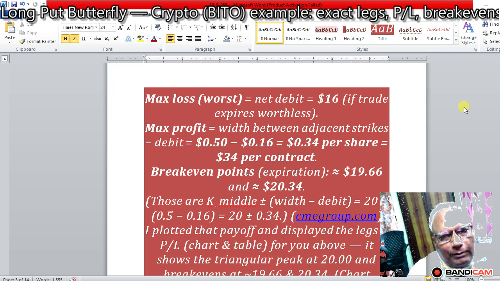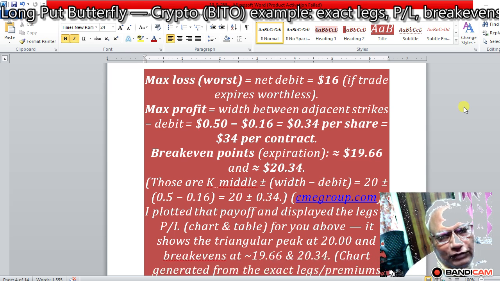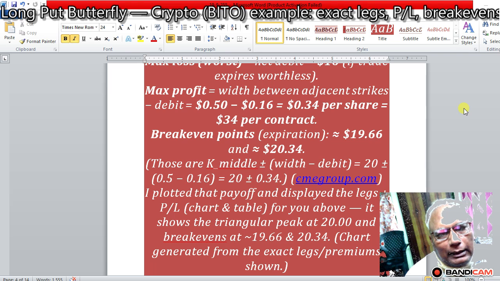Maximum profit equals the middle strike plus the bid minus the debit: 20 plus 0.5 minus 0.16 equals 20 plus 0.34.